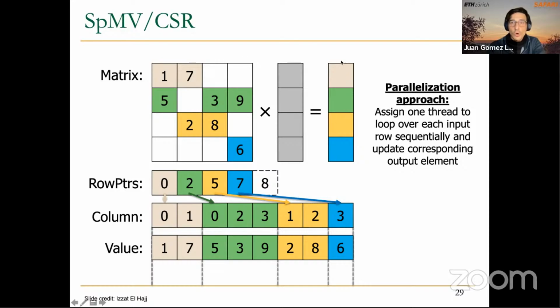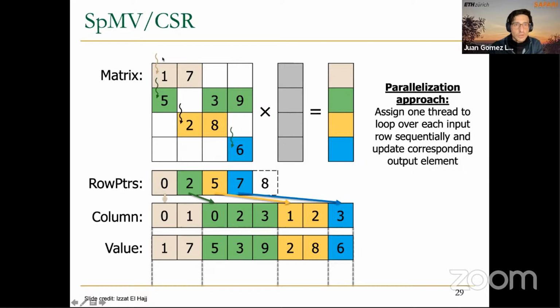Because all the multiplications and additions needed to calculate this element are performed by the same thread assigned to this first row. It multiplies all the elements of the row by the corresponding elements of the input vector, and obtains the result that is directly written here without atomic operations.